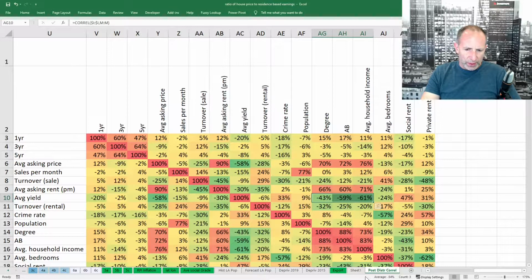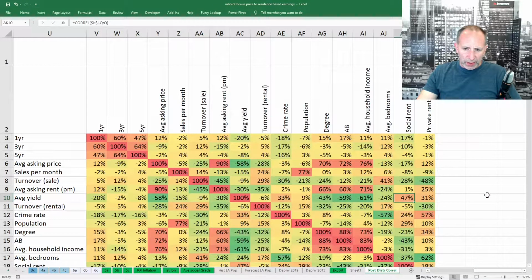On the demographic side, we go higher the yield, lower the demographics. And here, for example, we go higher the yield, higher the crime. And again, that kind of makes sense to me because high yield properties are generally in higher crime areas.